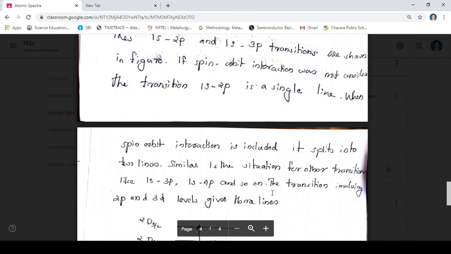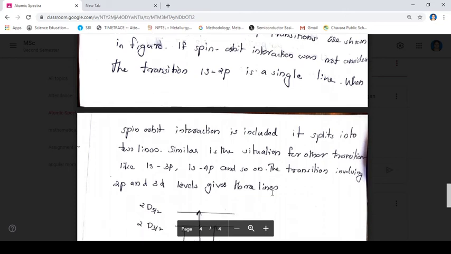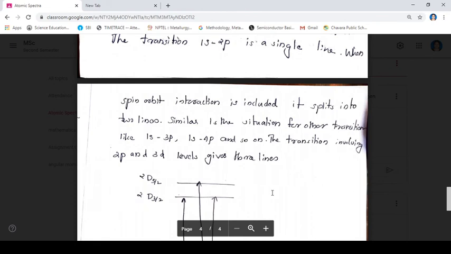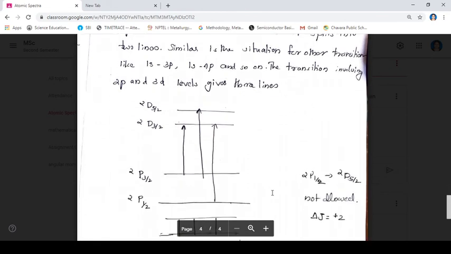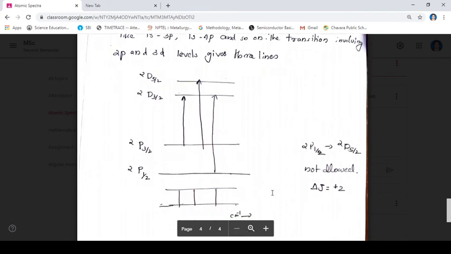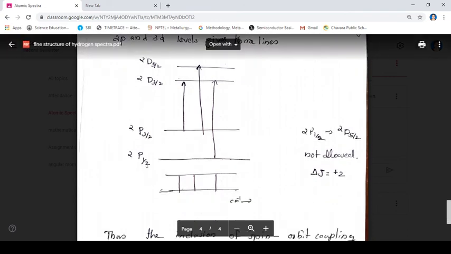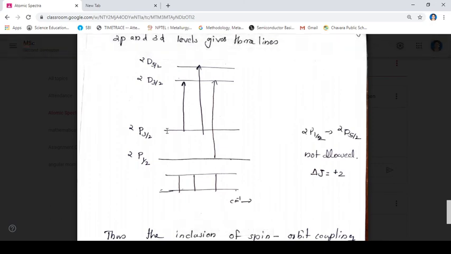Now similar is the situation for other transitions. The same thing holds for other transitions also. The transition involving 2p and 3d levels gives 3 lines instead of 2 lines. So you can have the transitions here from p 1 by 2 and p 3 by 2. From p 3 by 2 to d 3 by 2 transition is possible.